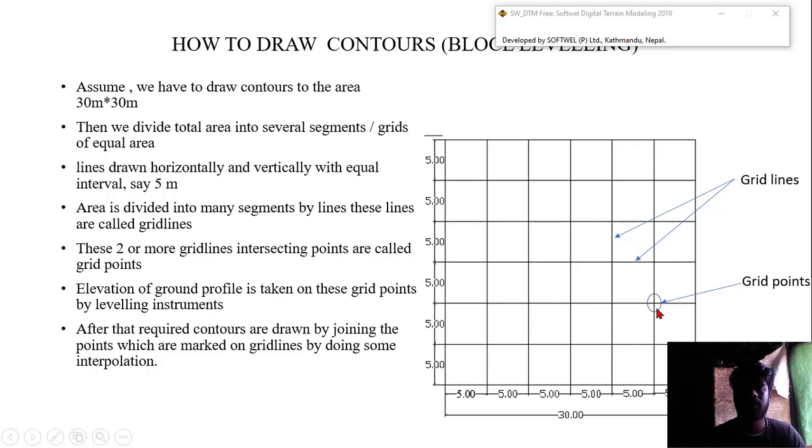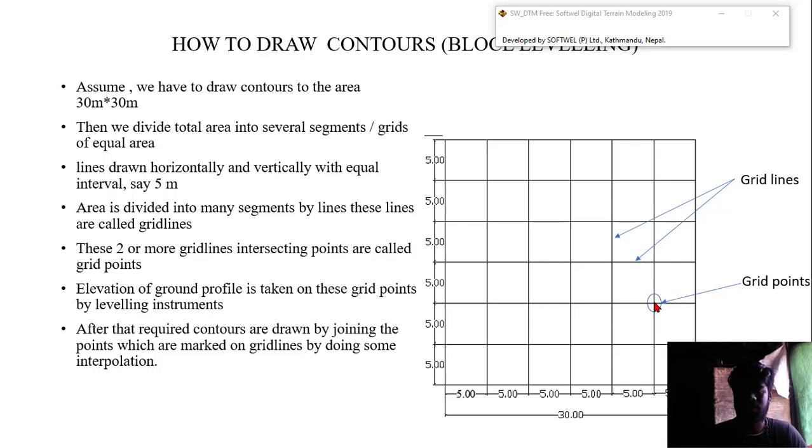After that we are placing a leveling staff on these grid points. On the leveling staff we take readings, then we convert those readings into RLs depending upon the benchmark, by the HI or rise and fall method. We know that in surveying.